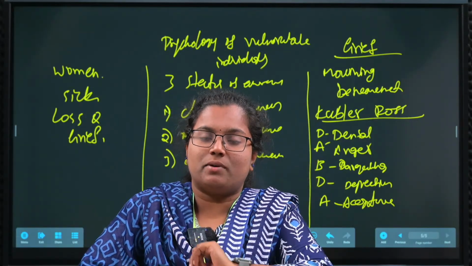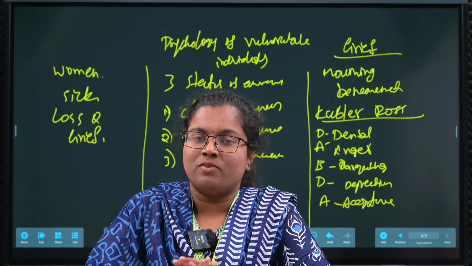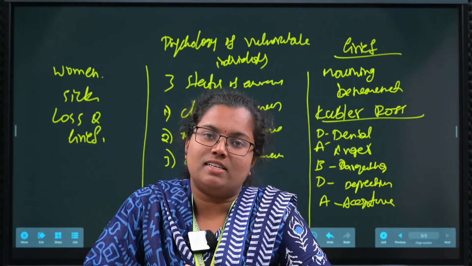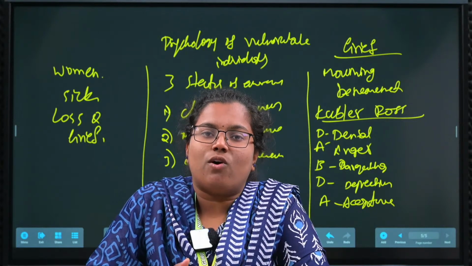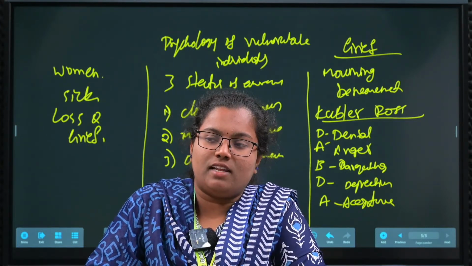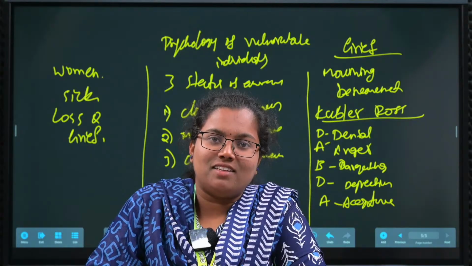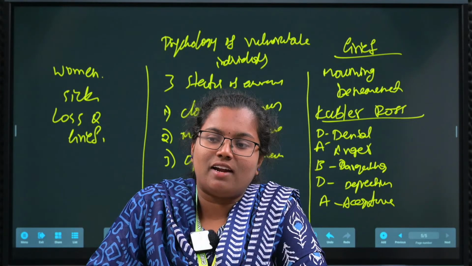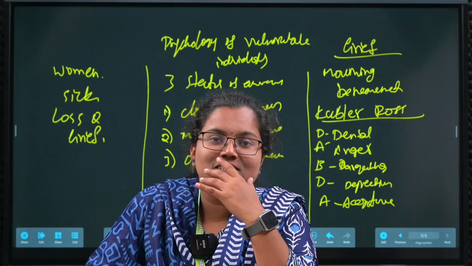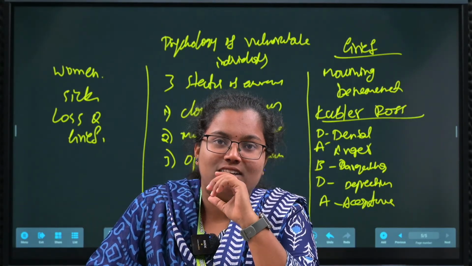That is the depression stage, the fourth stage. And the last stage is acceptance. In acceptance, they move on. They accept every reality, think about the future, and move on. This is the fifth stage of grief, acceptance.